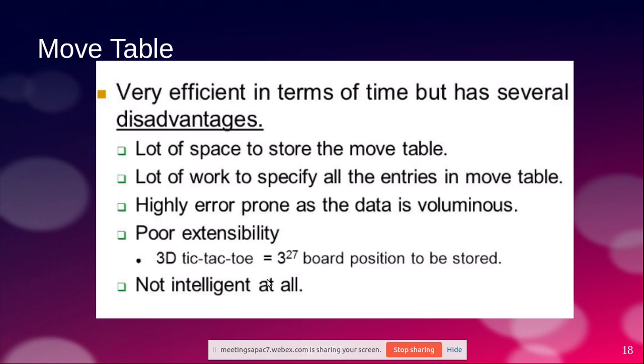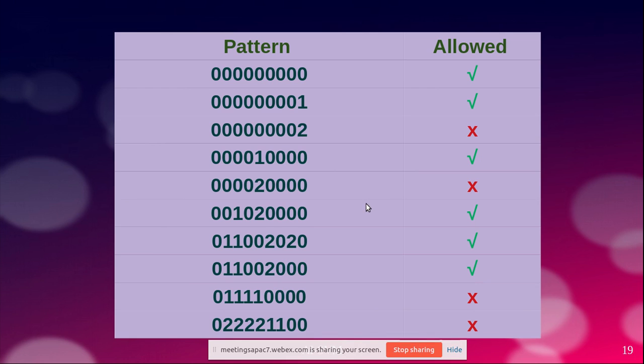Think of a 3D tic-tac-toe which is going to look like a Rubik's cube. It is going to have 27 cells, and 3 to the power 27, I don't know how much it is. 3 to the power 9 itself was about 19,000. And it is not at all intelligent, because it only depends on the intelligence of the human who created this move table. The machine is not doing any intelligent activity. It is just following the instructions: read the table, make the correct move. That's it.